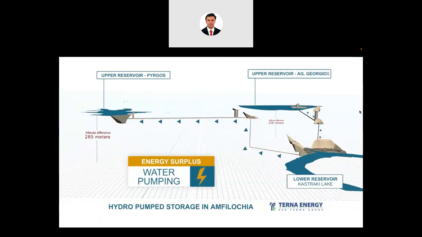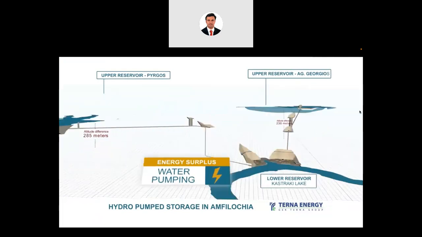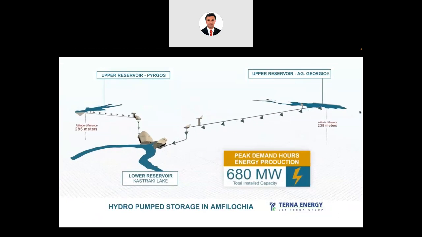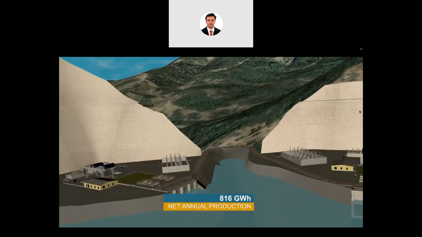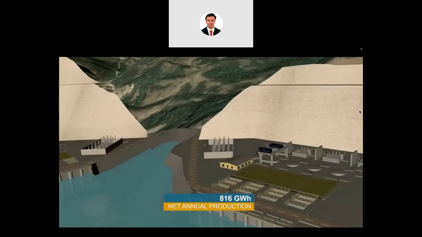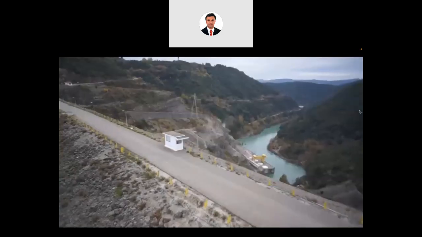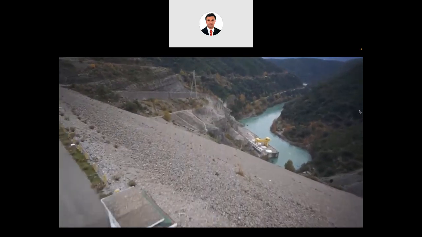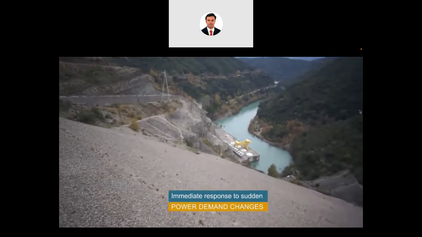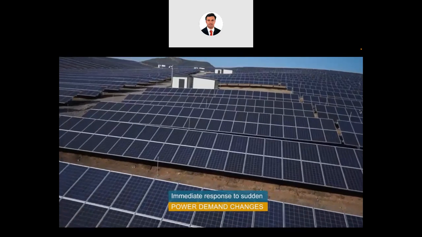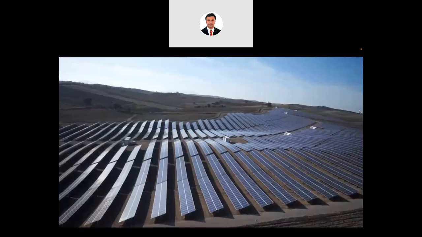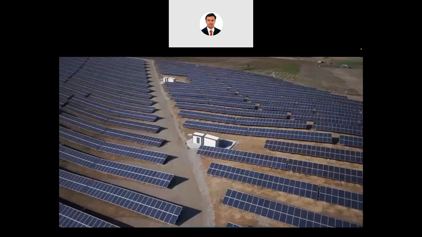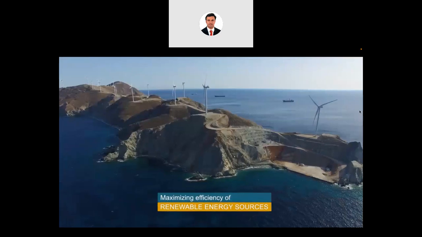The system will store energy surplus during hours of reduced demand by pumping water from the lower to the upper reservoir. During peak demand, it will produce energy by utilizing the water's potential as it runs through turbines from the upper to the lower reservoir. Hydro pump storage systems safeguard the grid by providing ancillary services related to frequency and voltage stabilization alongside quick and flexible responses to sudden changes in electricity demands.